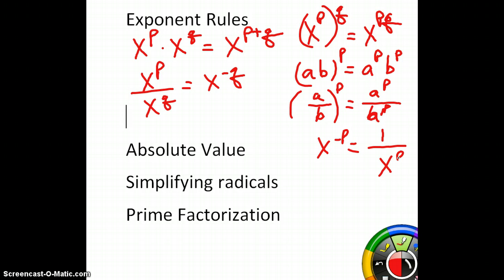And then there's one more rule, that anything to the 0 power is equal to 1. So I didn't put that in there very well, but if you'll copy down those rules for exponent rules, that'll help you in this next section. So hit pause and make sure you have those rules written down.